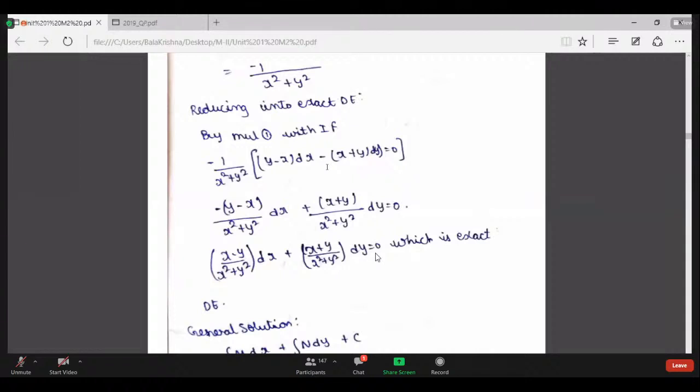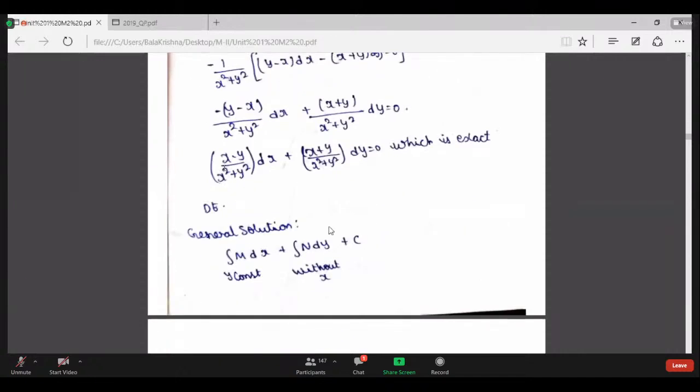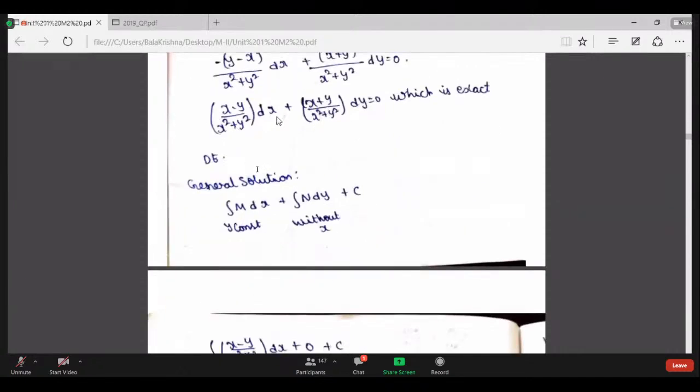Once you multiply the integrating factor to the non-exact equation, it will always be exact. So no need to check once again for the exactness. Directly you can go for its solution. It is once again in the form of M dx plus N dy equal to 0, right? As this is multiplied with the integrating factor, this equation is said to be exact.